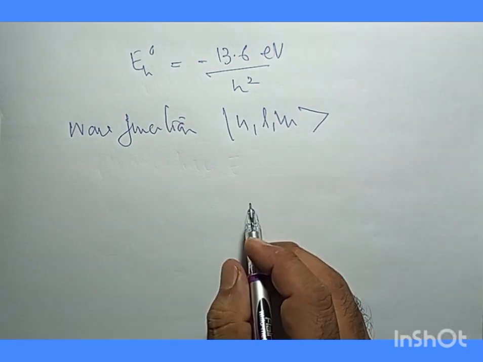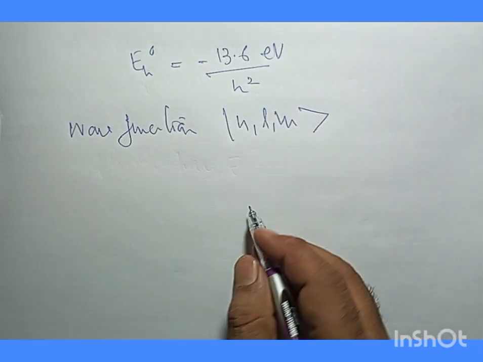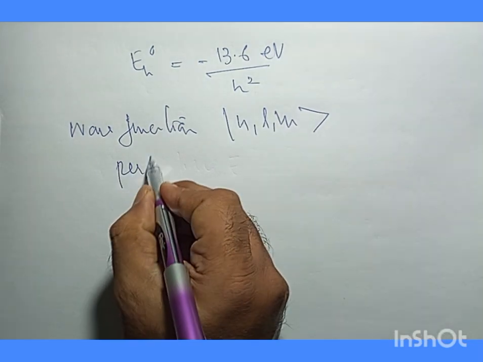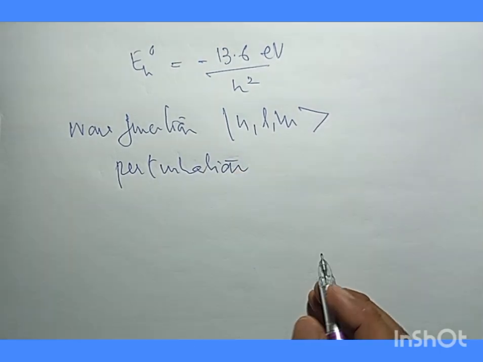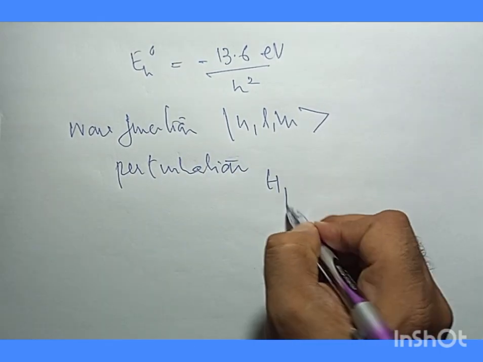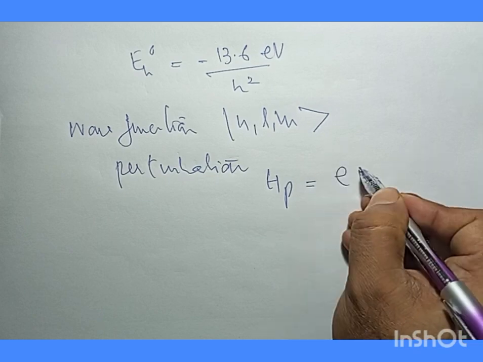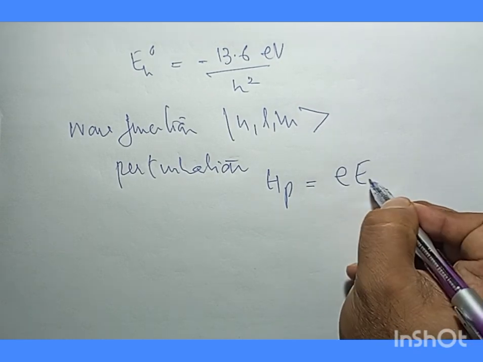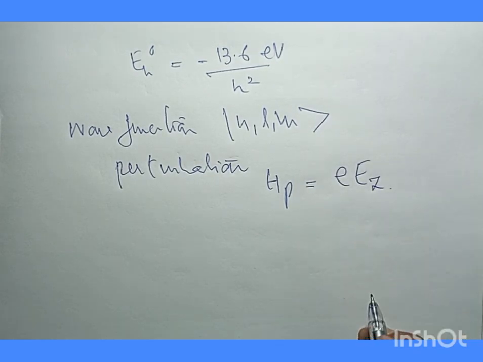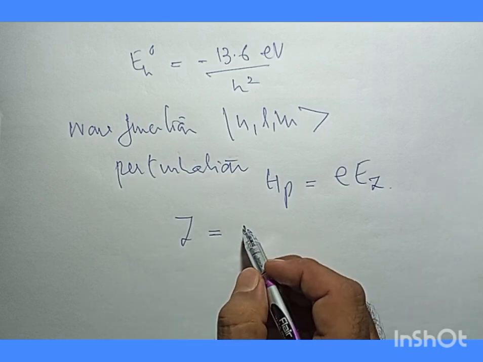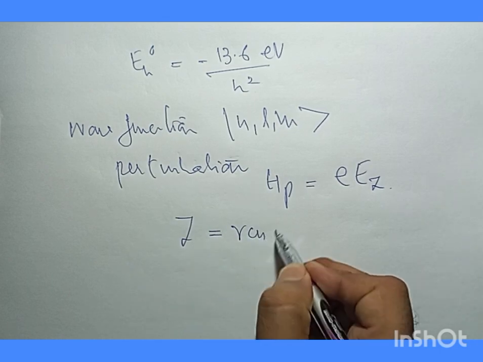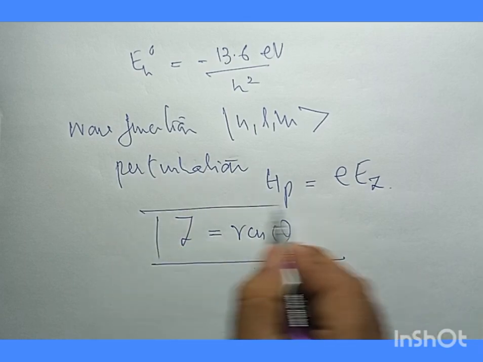Now we are introducing the perturbation to our known Hamiltonian as Hp equals eEz, where z, in spherical polar coordinates, is simply r cos theta.